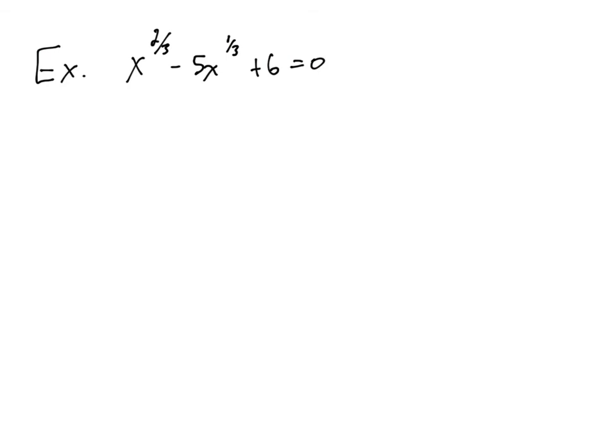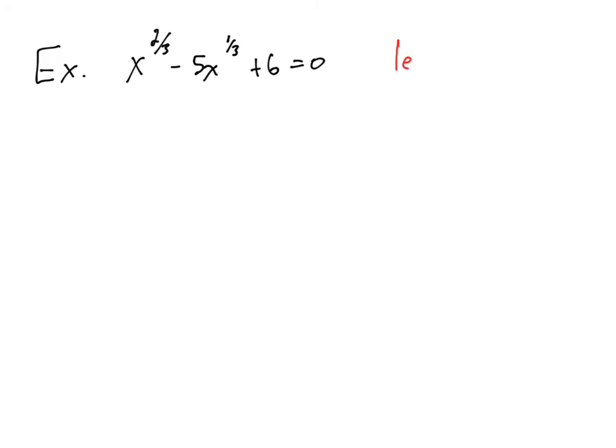Now this last one is a little bit more challenging. We would say that this equation, x to the 2/3 minus 5x to the 1/3 plus 6 is equal to 0. Now one thing to notice is that we can solve this as though it's a quadratic after we make a substitution.